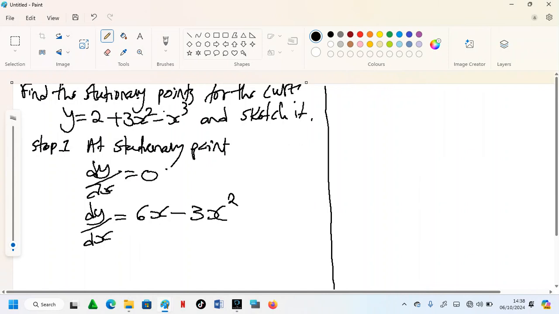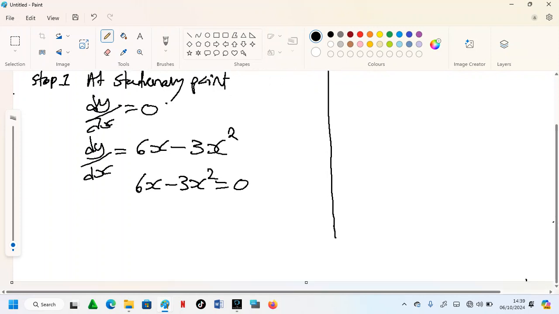So the derivative of that equation is what? 6x and then minus 3x². So this one is equal to 0 at stationary points or at the turning points, right? So let's get the values of x at the turning points. 3 is common and x is common in both cases. So I'm going to put 3x outside. 3x will be equal to 2 minus x, right?